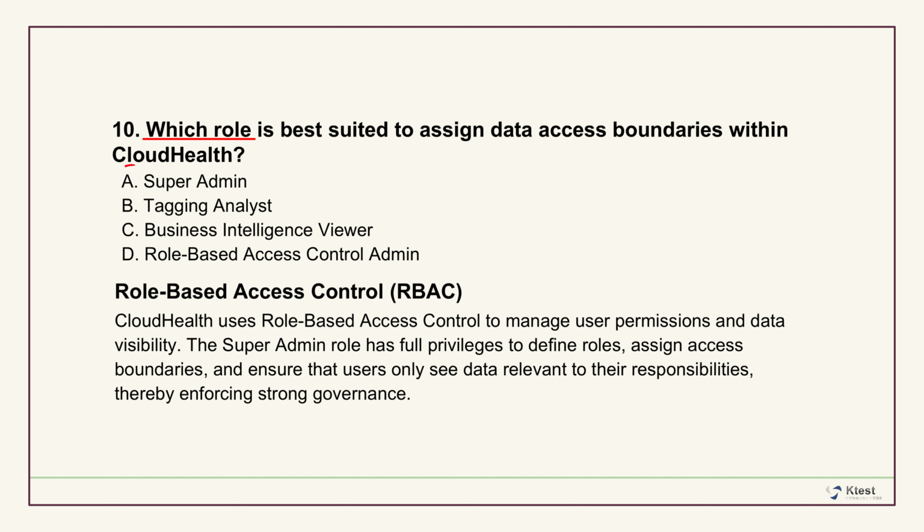The superadmin has full privileges inside CloudHealth. That includes the power to create other roles, assign specific permissions, and define those organizational boundaries, like maybe this team can only see cost data for their projects or their department. So they configure the RBAC framework within the platform. Exactly. It's how you enforce who sees what and who can do what inside CloudHealth, aligning it with how your organization actually works. The source point is role-based access control, RBAC.